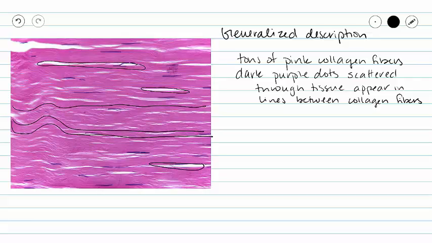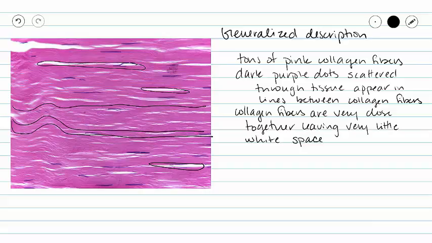If you think about areolar tissue, we had a lot of white space, and that's because our fibers were fewer and farther between, and that was loose CT proper. Here we have dense CT proper. So we've got tons of collagen fibers packed in very close together.